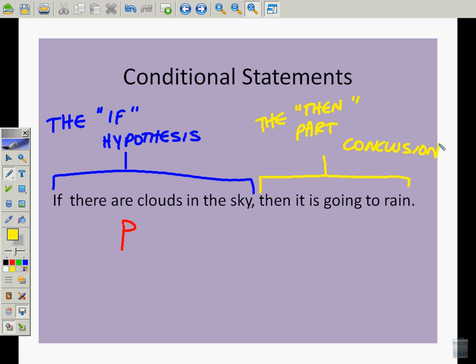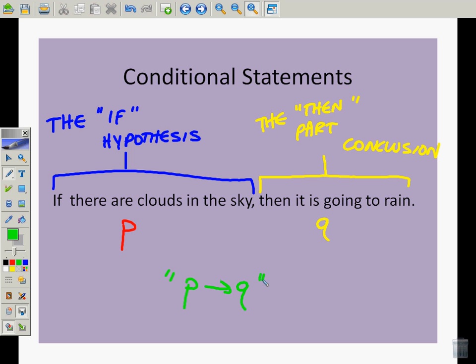So hypothesis, then conclusion, and this is going to be the Q part. This is how we denote the fact that we have an if-then statement or a conditional statement. P arrow Q. Okay? This tells us that this is an if-then statement.